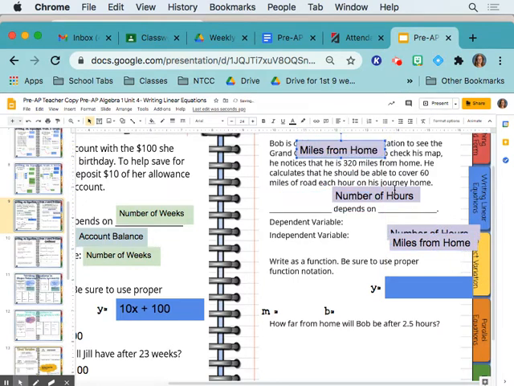Okay, so what is the independent? What's the dependent? What depends on what? Do number of hours depend on miles from home, or miles from home depend on number of hours?